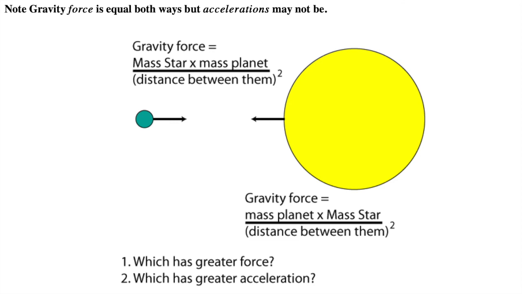However, the accelerations are very different. Like the pillow and car example I used above for Newton's second law of motion, the smaller mass thing is going to have a much larger acceleration. That's why the planet has a very noticeable orbit around the star. Now the star is going to have an acceleration too, and it will have a small orbit.